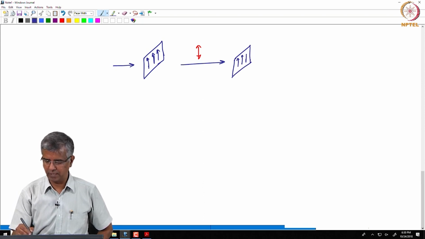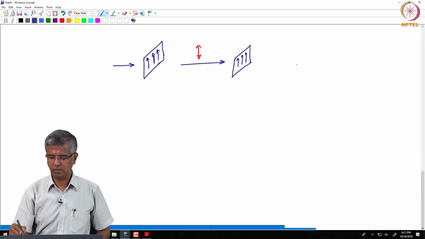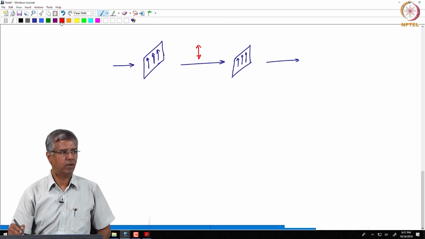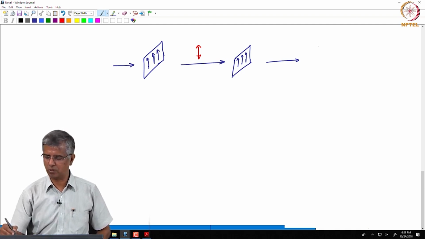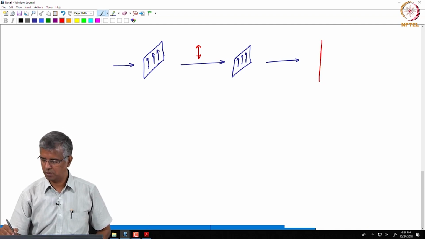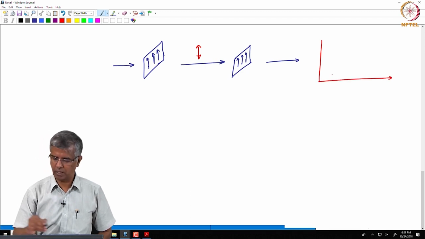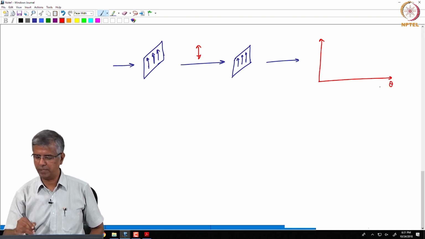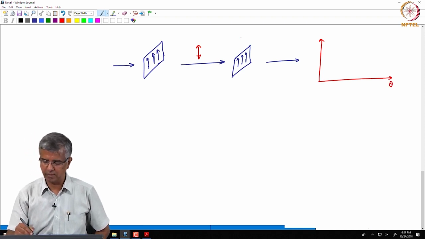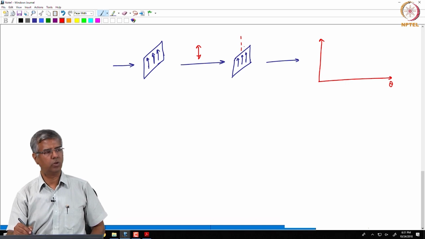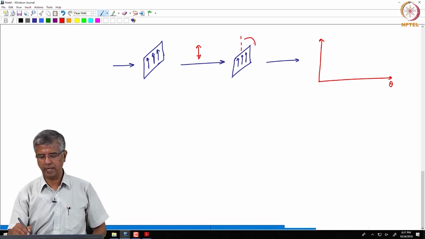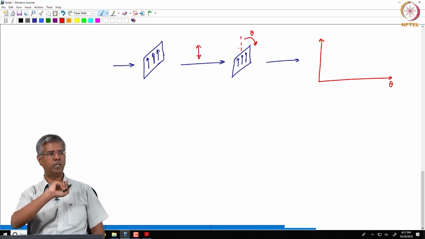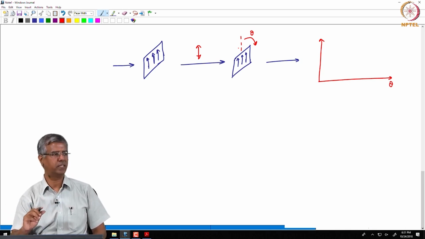Okay. Now, suppose you have another polarizer over here, and you have the same orientation, then what do you expect? All of that light should come straight through. So, I would draw this as a function of theta. Now, let us say that theta is 0 initially, and then I am rotating that other polarizer.